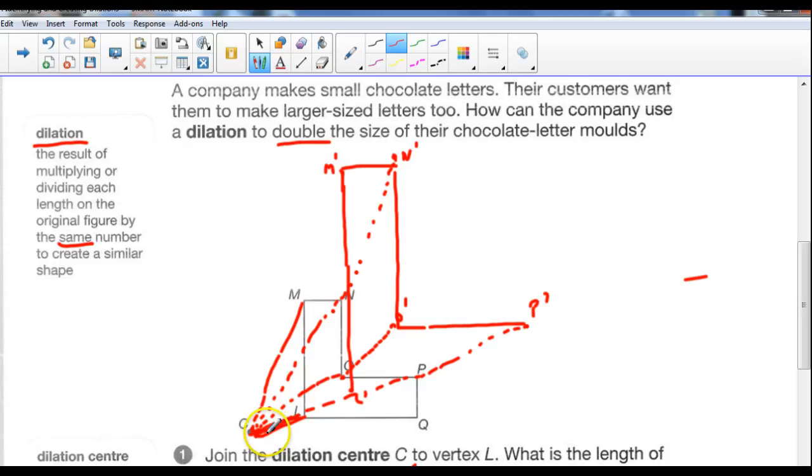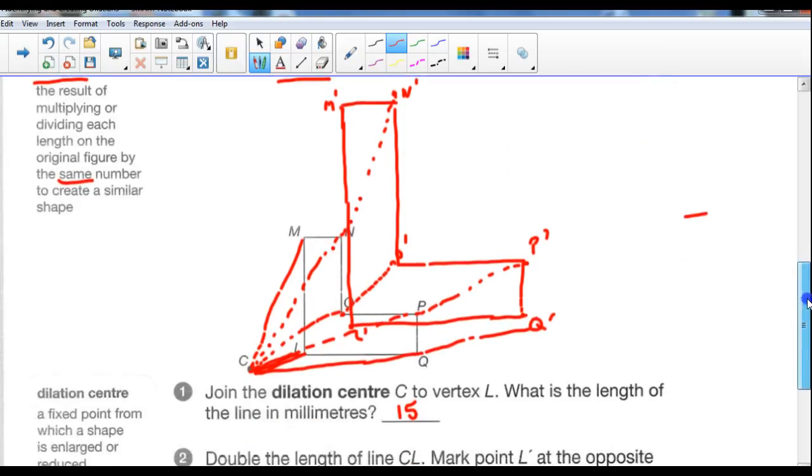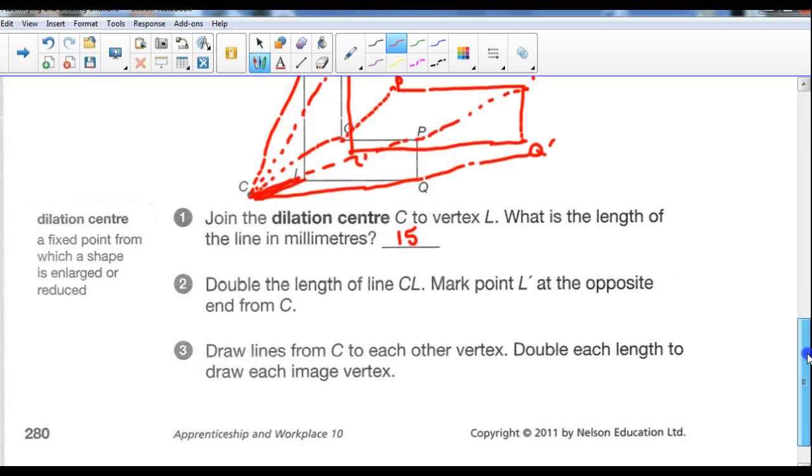And do the same thing to Q. We can connect that point to C. This is similar to what we did when we did the rotation. Now we can double that, and we can get point Q prime. And we just connect them all. So you can see we've dilated this from this point C, and we've dilated it to be twice as big: M prime, N prime, O prime, P prime, Q prime, and L prime. So that's how you do a dilation from a fixed point.